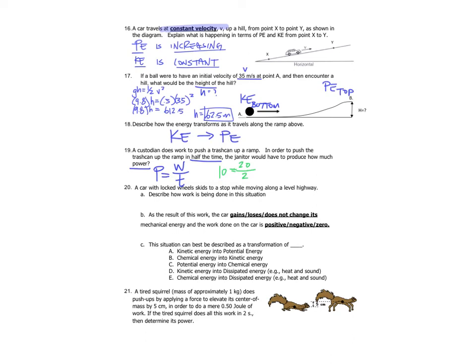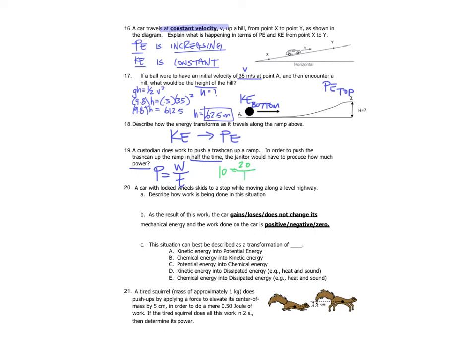Okay? Now, if my trash can is being pushed in half the time, well, my time was in the denominator, it's 2. What happens if I decrease this time by half? So instead of 2, it's now 1.